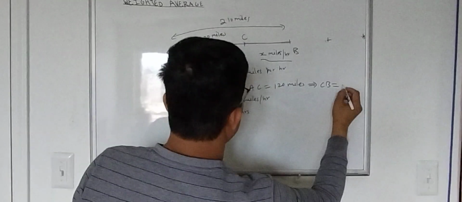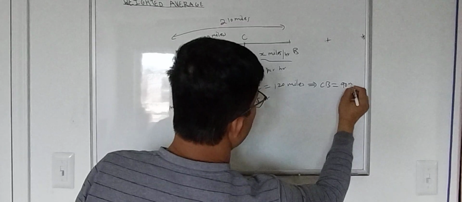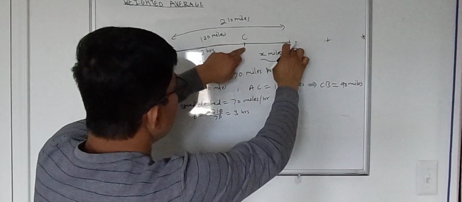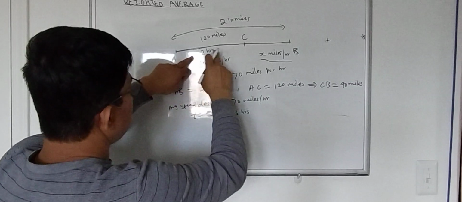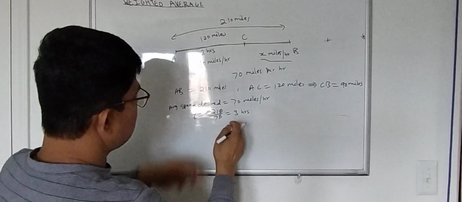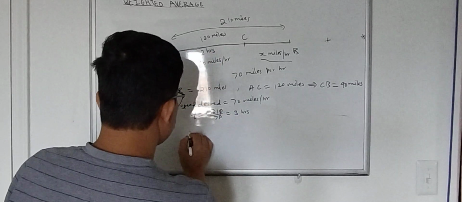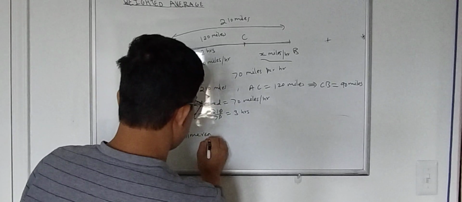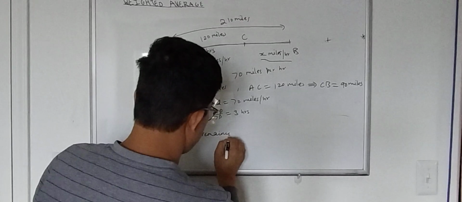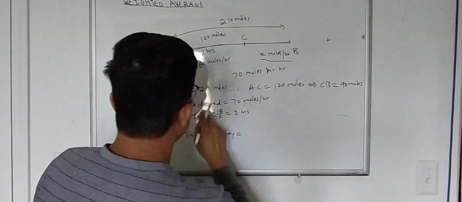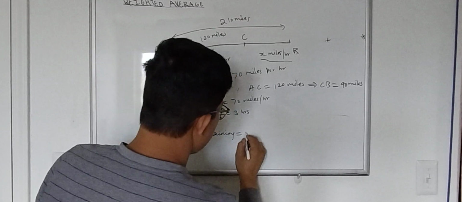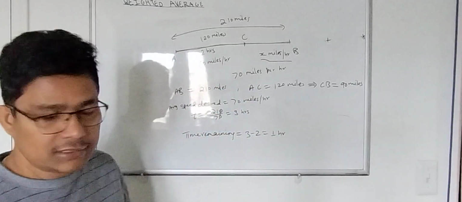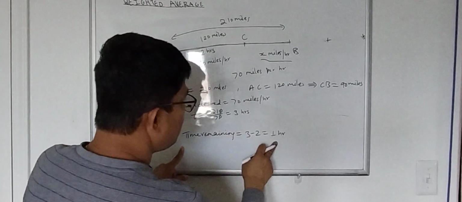CB will be 210 minus 120, so 90 miles. This distance is 90 miles and the train already used 2 hours. So how much time is remaining? 2 hours is gone, so 3 minus 2 is 1 hour. Okay, got it? Time remaining is 1 hour.